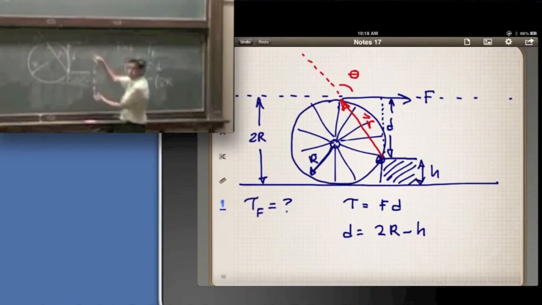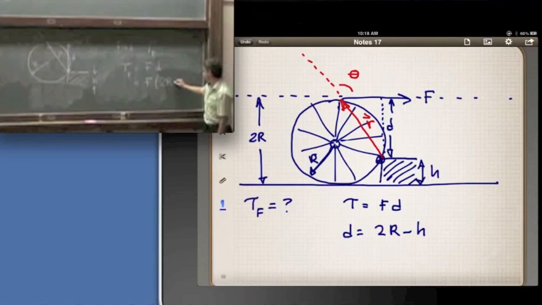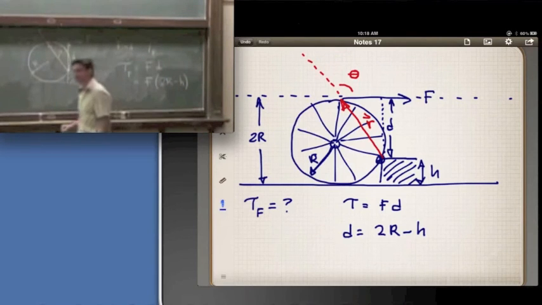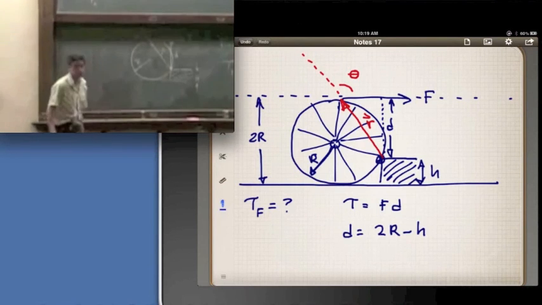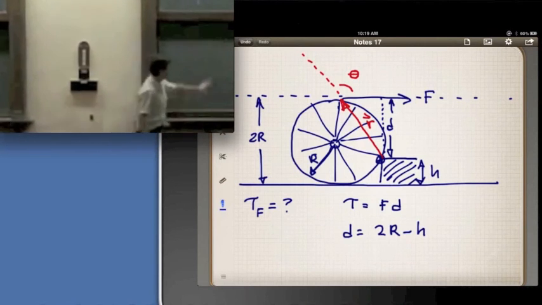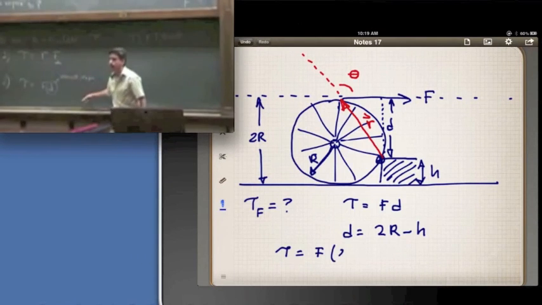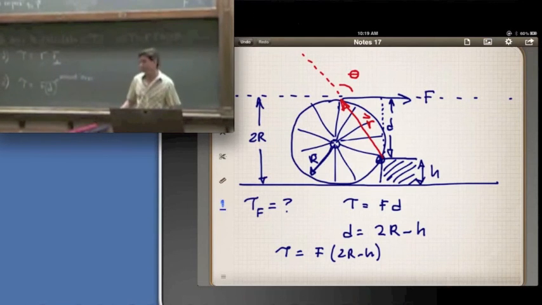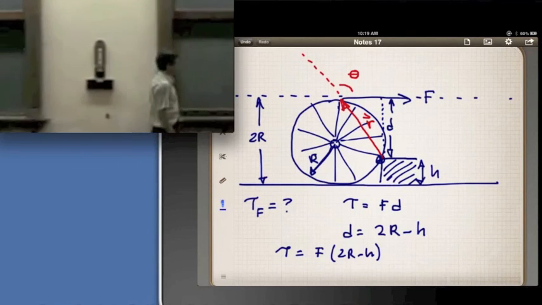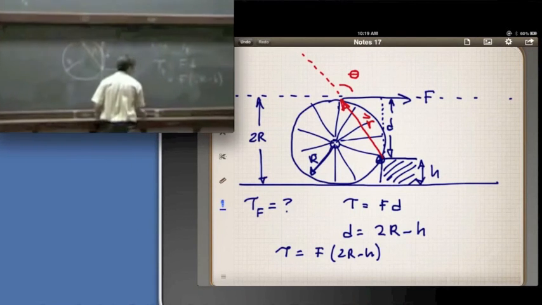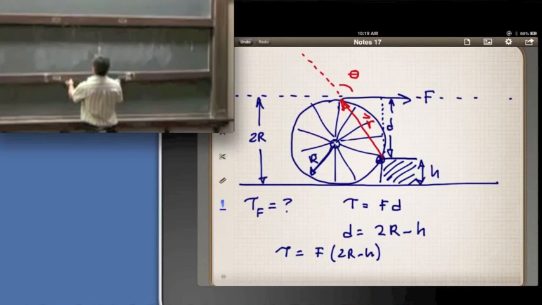So what's d? When the question is too easy, you're hesitant, right? You're like, can't be that easy. All right, 2r minus h. That's d. There you go. You're done. So something that looked very complicated when you were trying to use this equation is actually quite easy when you use this equation. It doesn't mean that every time this is going to be the easiest way. Sometimes the distance d might be complicated to find, and you want to go with the other one.